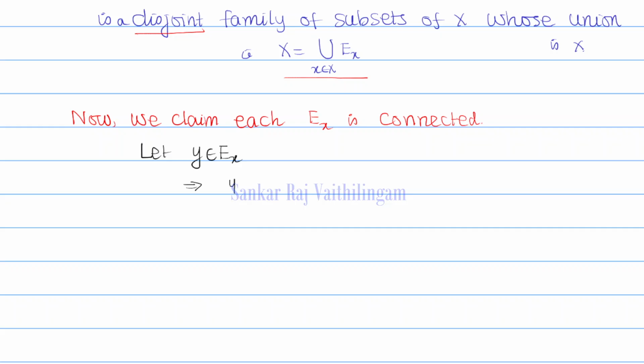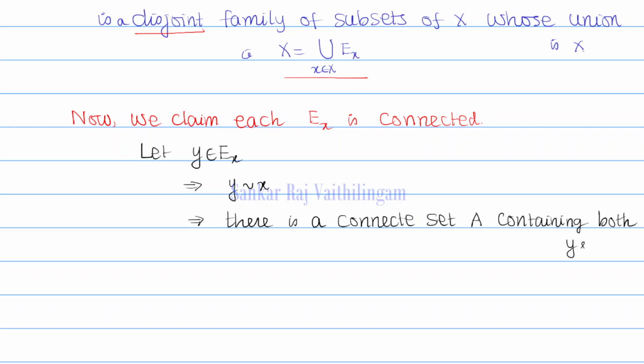This implies that this y is related with x. இதுக்கு என்ன அர்த்தம் அப்படின்னா, there is a connected subspace, connected set, okay, I call it to be A, the connected set A containing both y and x. அப்போ ஒரு y கொடுத்தாங்கன்னா என்னால ஒரு connected set, there is a connected set capital A containing both y and x.